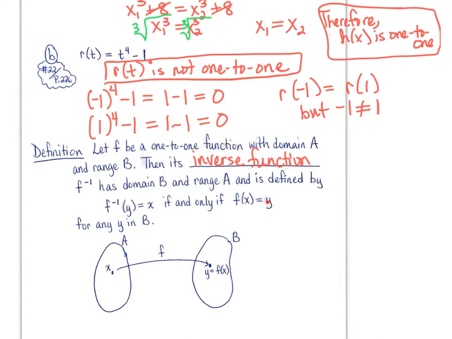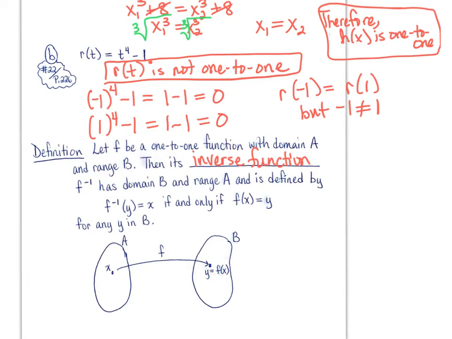So again, I'll read it again. It's a lot to process. F is going from A to B, right? F is going from A to B, is sending x to y equals f of x.